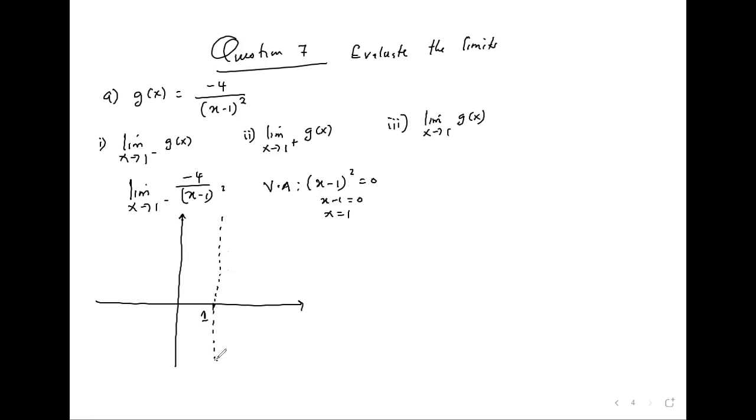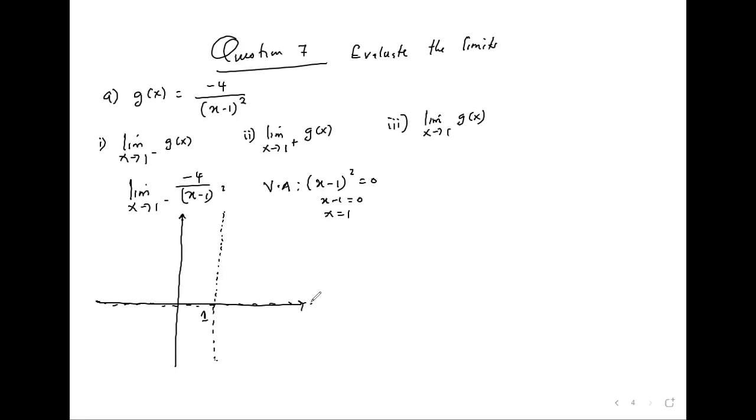When 1 is a vertical asymptote, then the horizontal asymptote, once the numerator has power parallel to the denominator, is the x-axis.